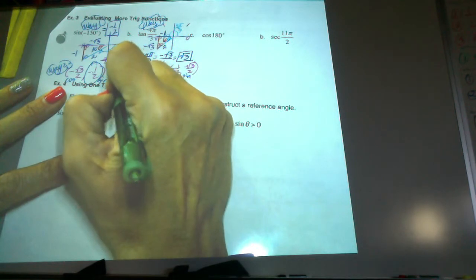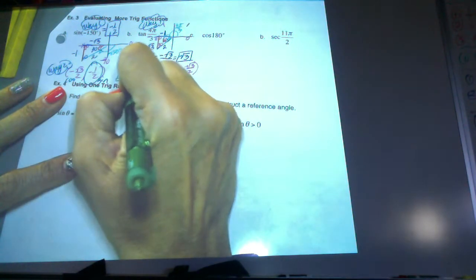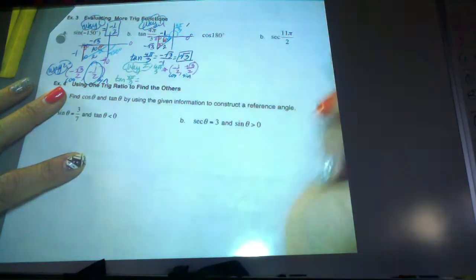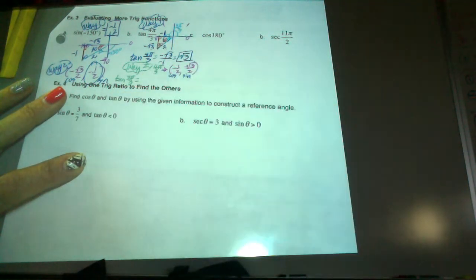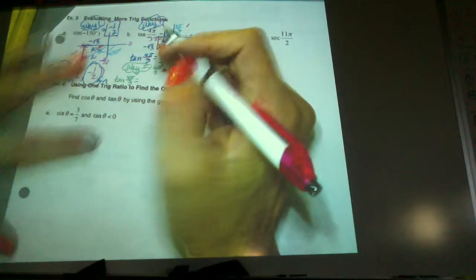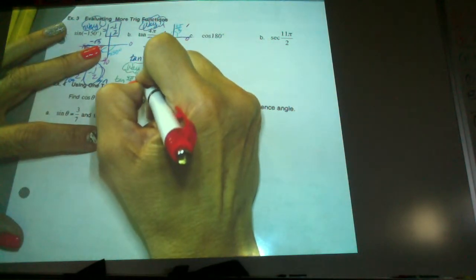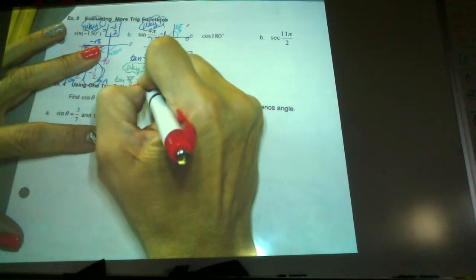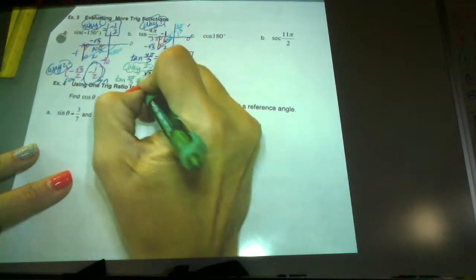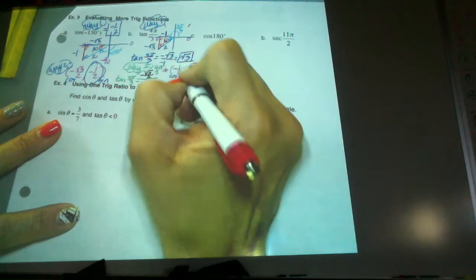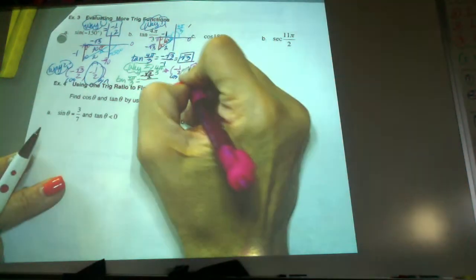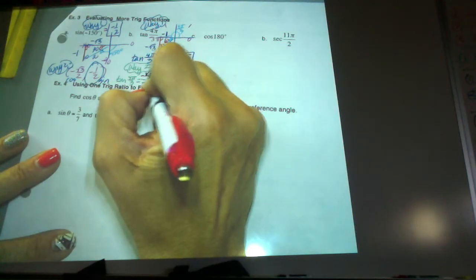So tangent of 4 pi over 3 is equal to sine, which is negative radical 3 over 2, divided by cosine, which is negative 1/2.